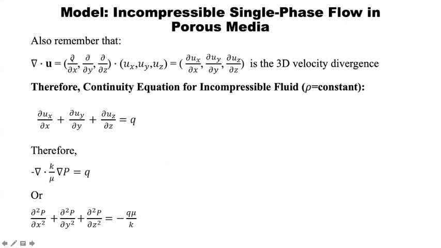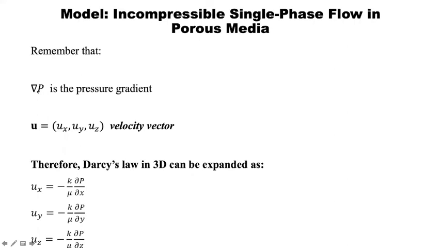Also, you may remember the divergence. When we have the dot here, it's unlike the gradient, nabla P, all right? This one is the pressure gradient because P is a scalar quantity. So this one gives partial P by partial x, partial P by partial y, partial P by partial z.